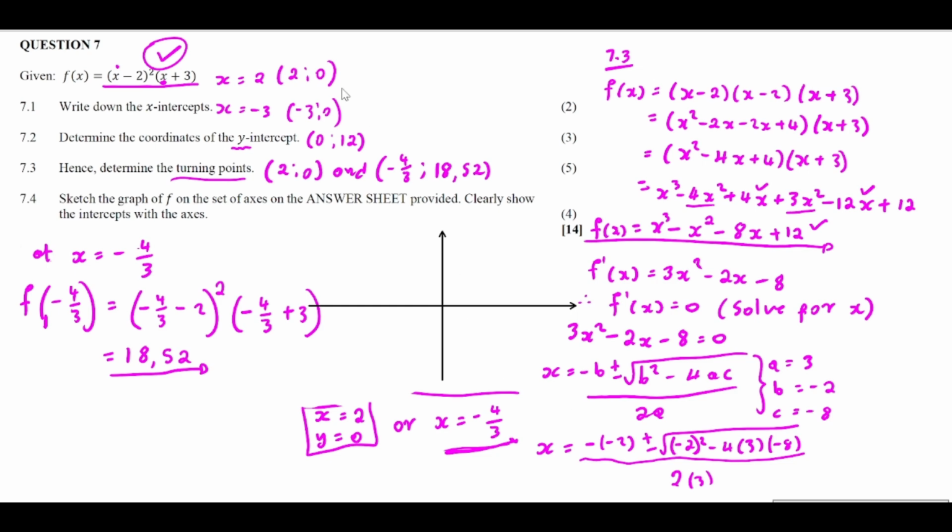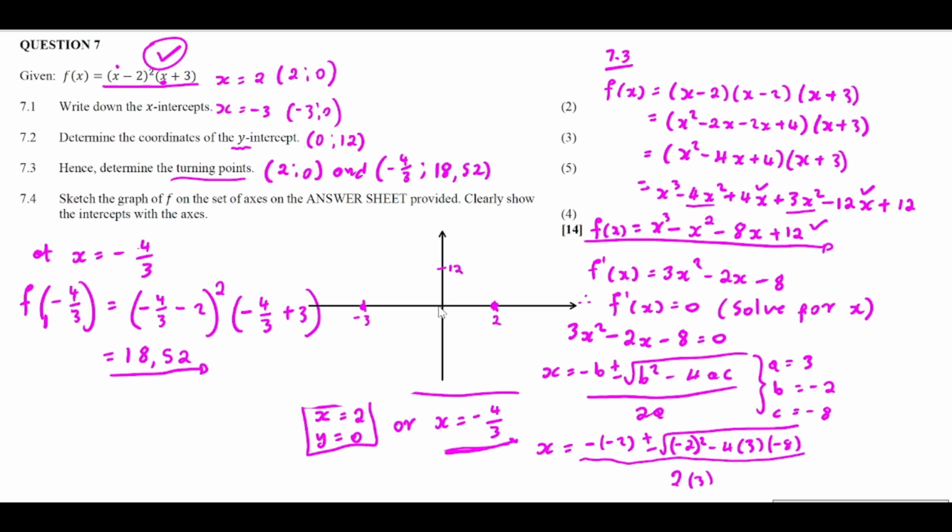Let's start with our x-intercepts. Our x-intercept is positive 2, so somewhere here we have positive 2. And then our other x-intercept is negative 3, so somewhere further away here we've got negative 3. Our y-intercept is positive 12, so somewhere up here we're going to have the number 12.